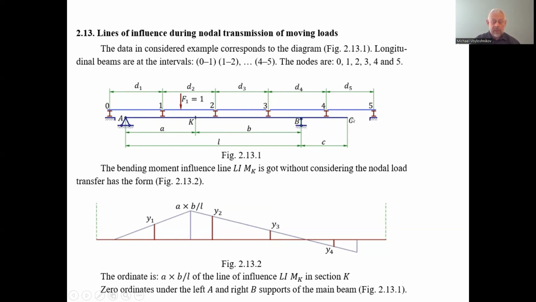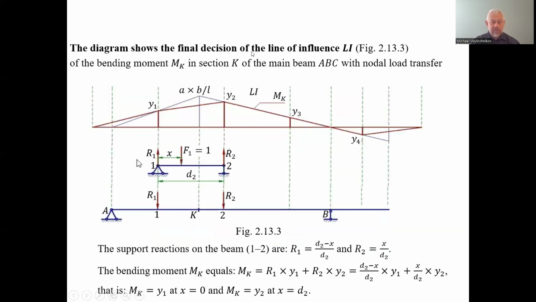After that, we consider the transmission and the points of transmission of the load from the auxiliary beam to the main beam, considering each panel of the auxiliary beam separately, and how the points of transmission from the auxiliary beam impact the shape of the line of influence of the moving load on the bending moment for the point K of the main beam.